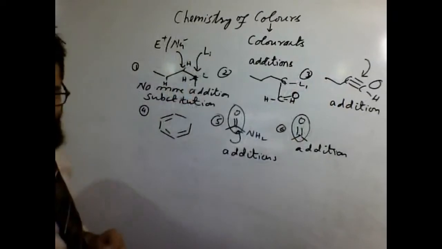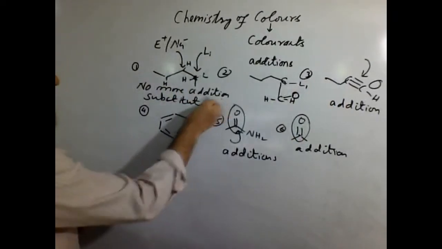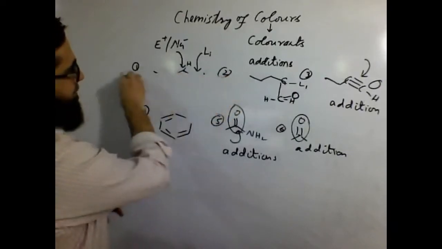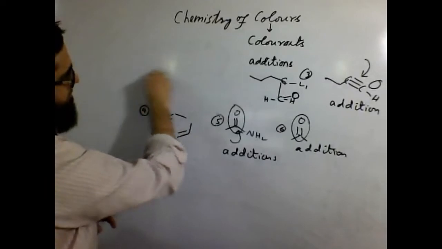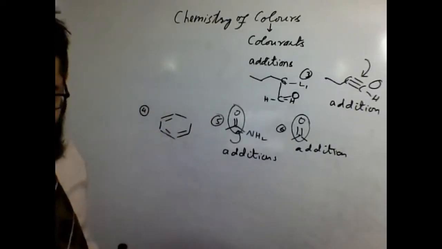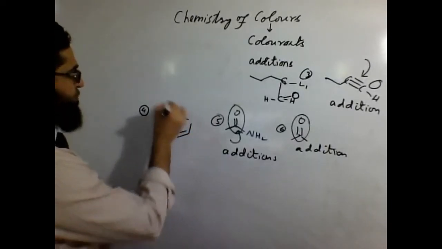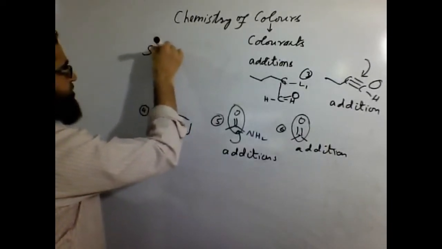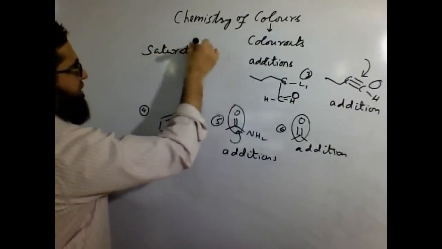What about benzene, the striking, interesting molecule? As far as your chemistry background is concerned, you would have learned in your FSC classes that benzene is more or less a saturated one. It behaves as a saturated molecule.